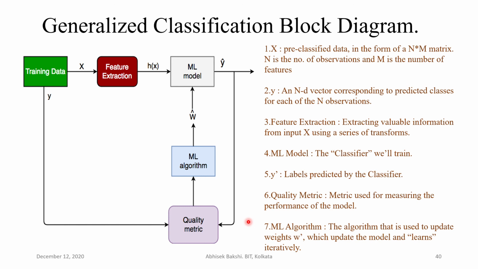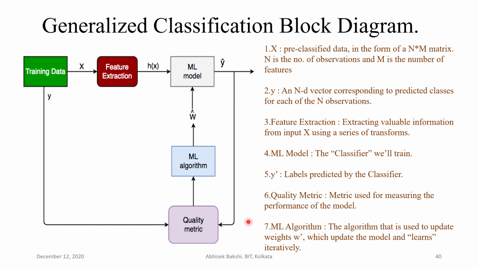Feature extraction, also we know, is extracting valuable information from input x using a series of transformations. Now, you don't have any idea till now how features are extracted, so forget about feature extraction right now. Assume that all the features directly present in the training data are used. And then the ML model that classifies, we will train, and the labels are specified by the classifier. Quality metric is the error metric that we have already discussed.